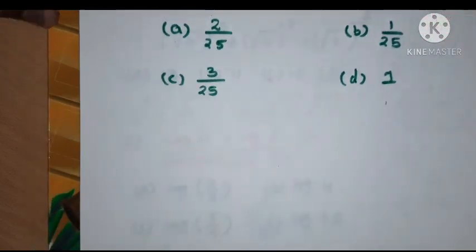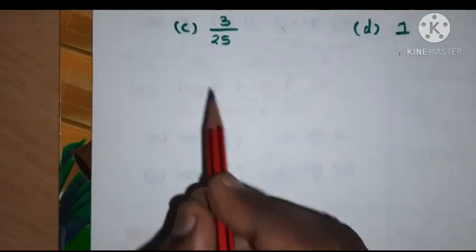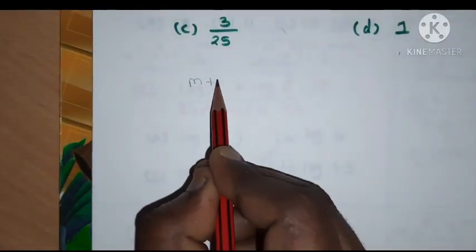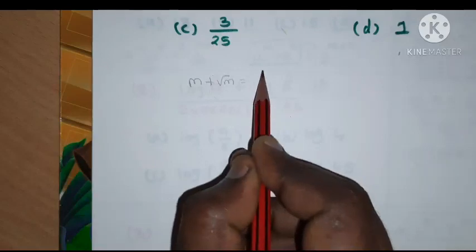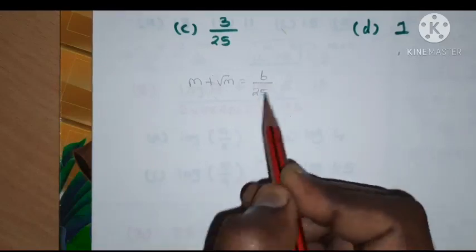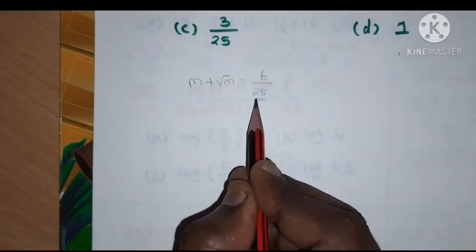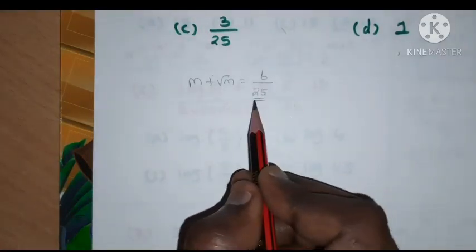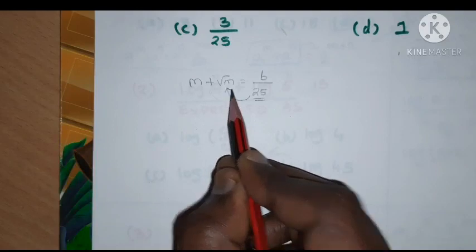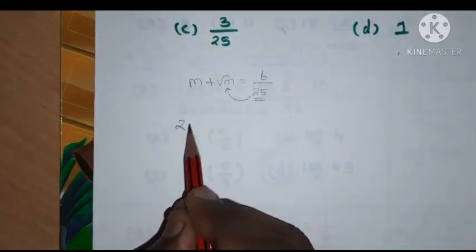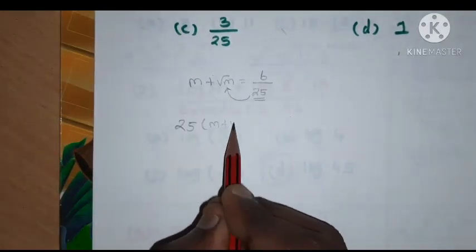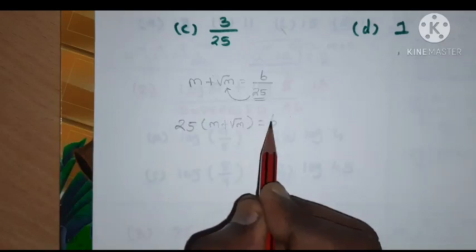Fine. I'm going to rewrite it. What's the question? m plus root m is equal to 6 by 25. Now I'm going to bring this 25, which is in the denominator, to the left hand side. So 25 into (m plus root m) is equal to 6.